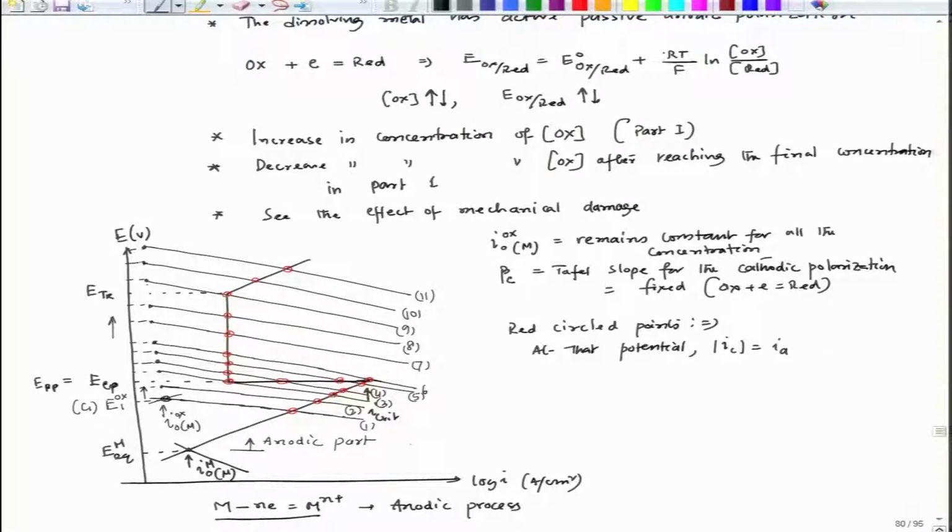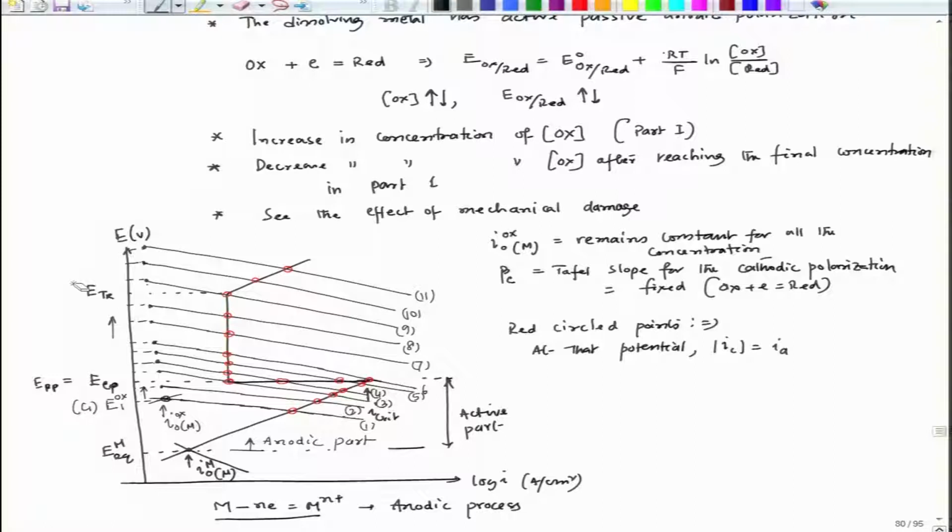So, this particular region is the active part, and of course, these two regions.